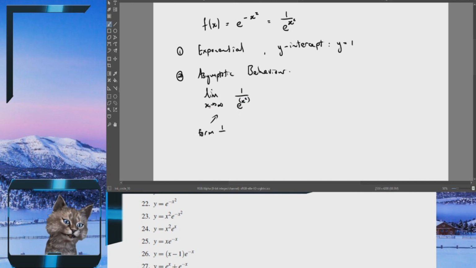Well, if x gets really big positive, x squared gets really big positive, so e to the something gets really big and positive. And therefore, the limit is 0. On the other hand, I have to also look at the limit as x goes to negative infinity of this function.